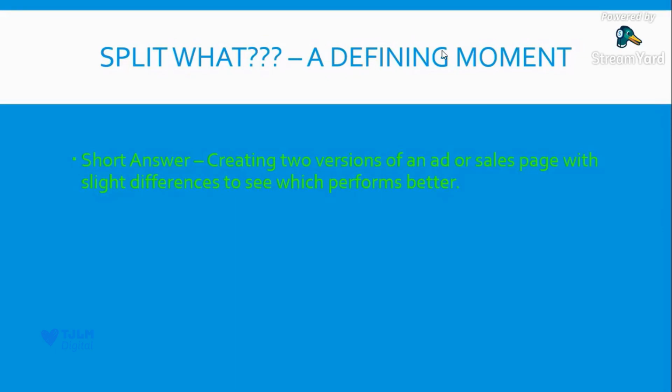Basically, you create two versions of an ad or sales page with slight differences to see which performs better. It could be simple things, tiny little tweaks, maybe the font, maybe the positioning of something, and you put them out there in the world and you let the data tell you which one's your good one.